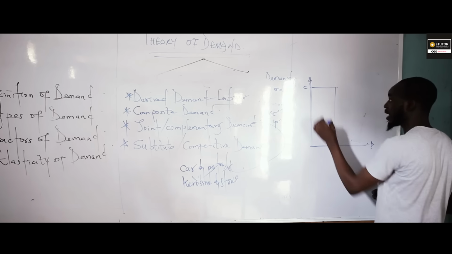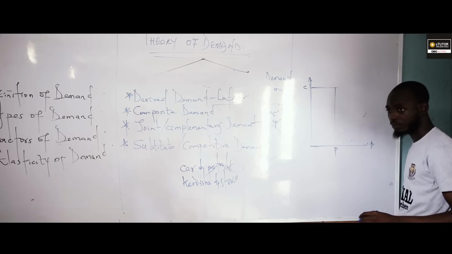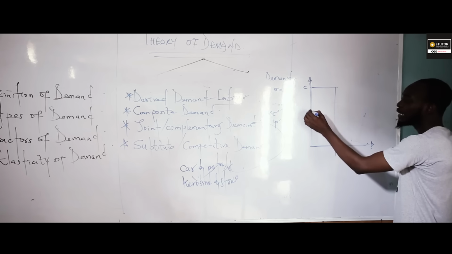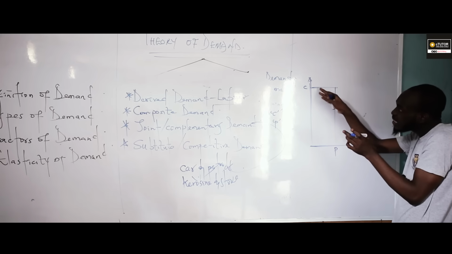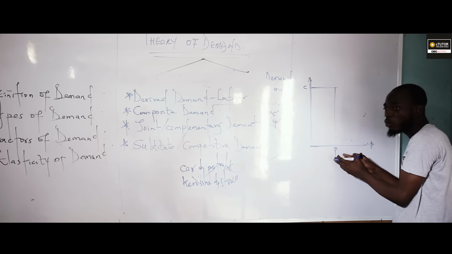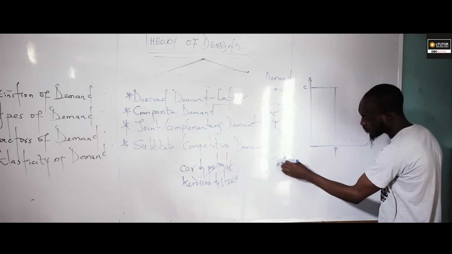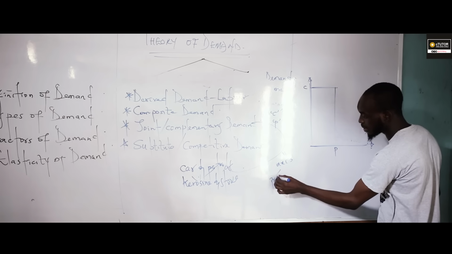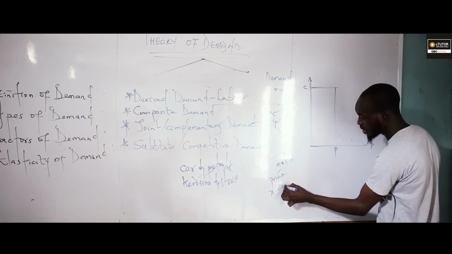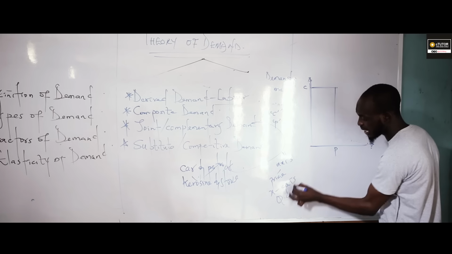So we now have C like this, and our petrol is P. Do you understand? Apart from this, if there is an increase in the price of car, the quantity demanded of petrol will reduce. Don't forget, we normally use the y-axis to represent price, and the x-axis to represent quantity demanded.